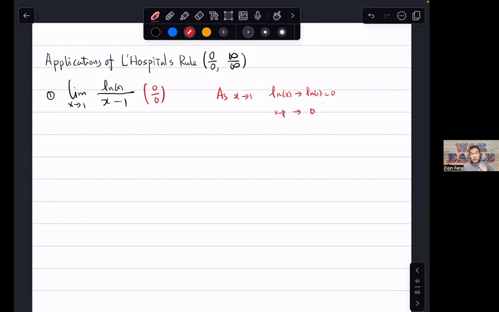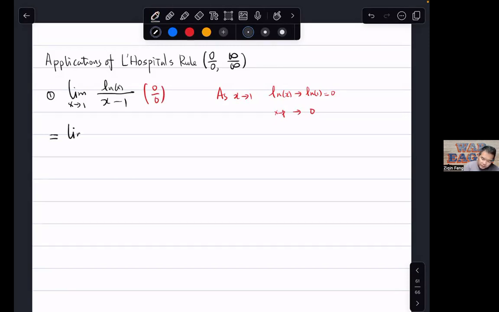If the limit of f prime over g prime exists, this will equal that. So our calculation will show whether the limit of f prime over g prime exists. So apply L'Hopital's rule.